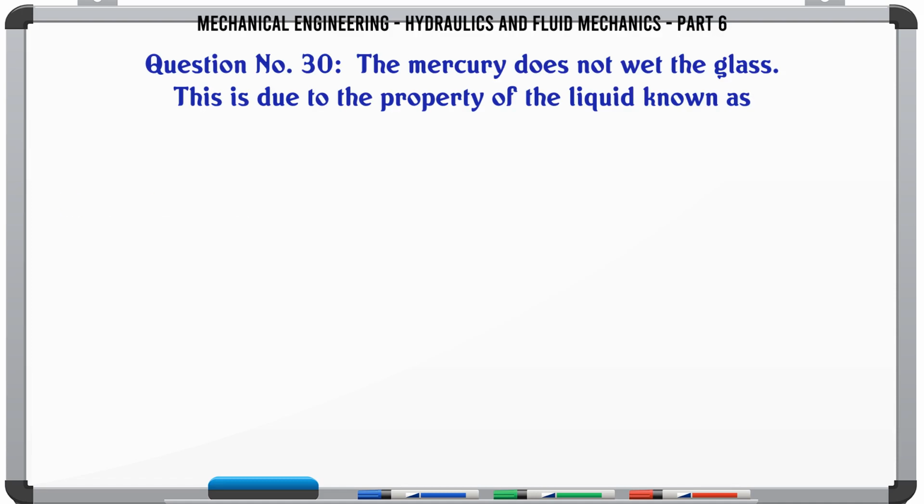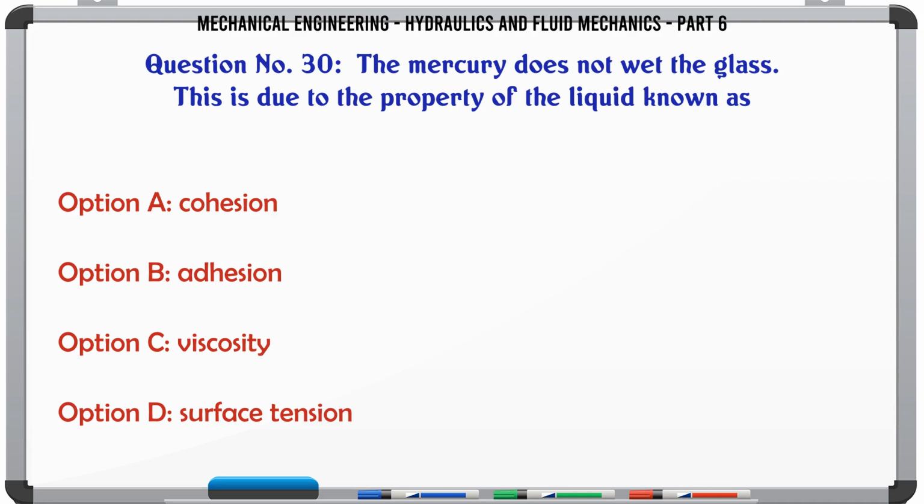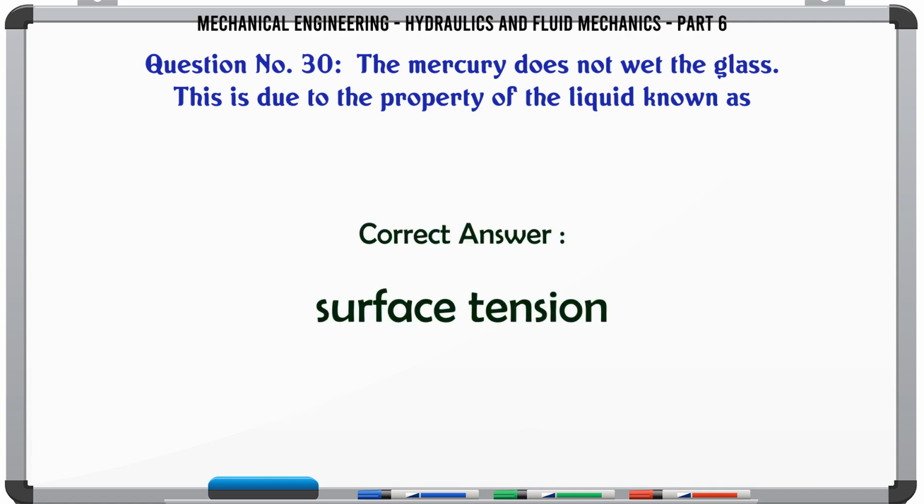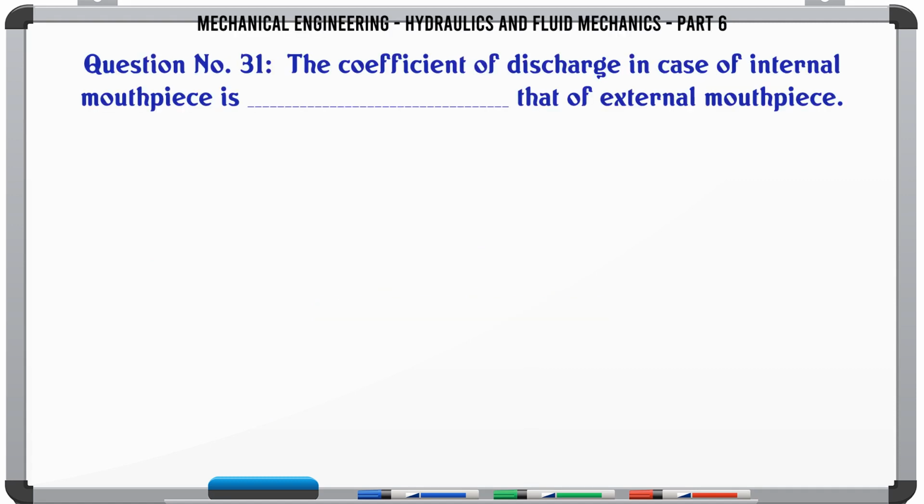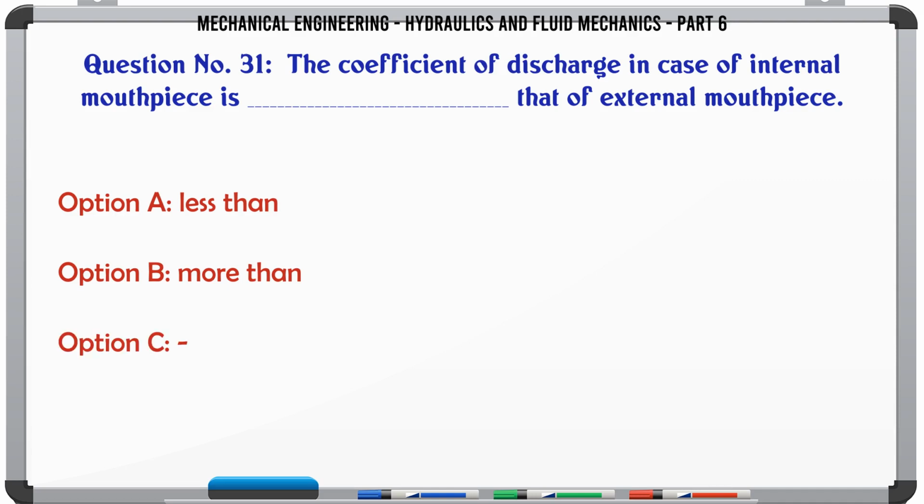Mercury does not wet the glass. This is due to the property of the liquid known as A cohesion, B adhesion, C viscosity, D surface tension. The correct answer is surface tension. The coefficient of discharge in case of internal mouthpiece is that of external mouthpiece.